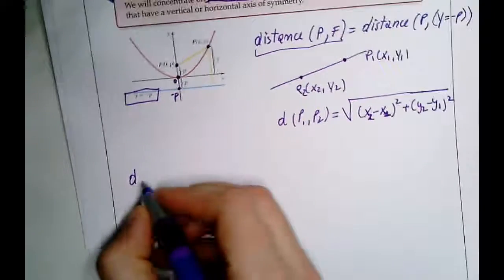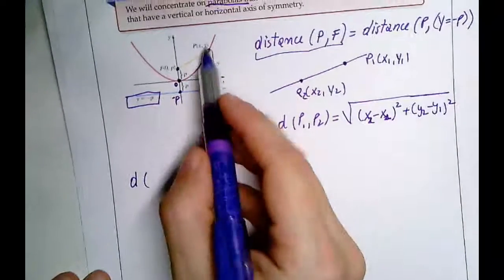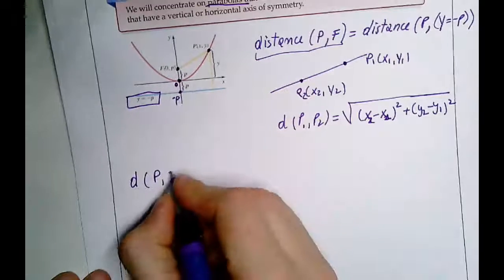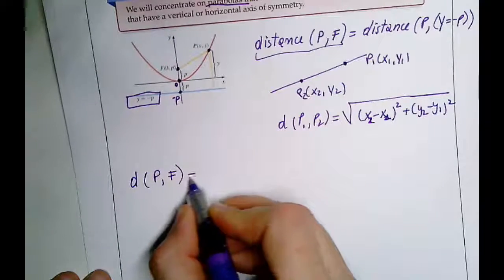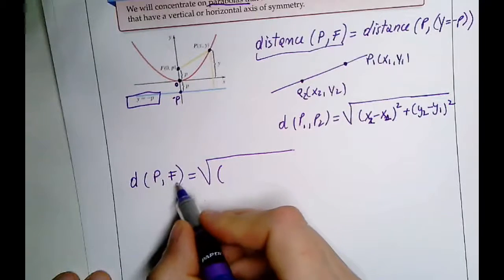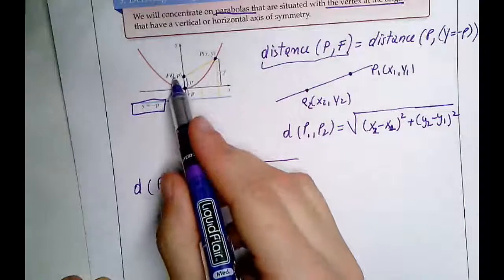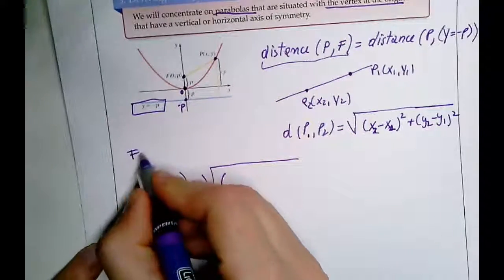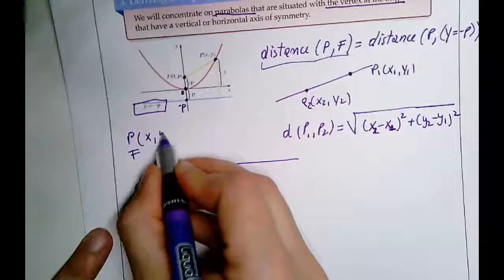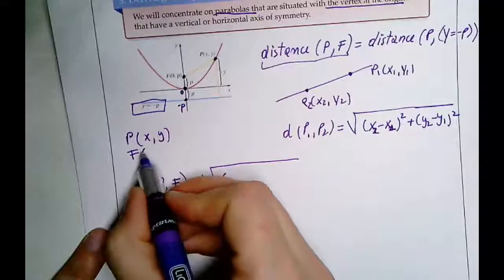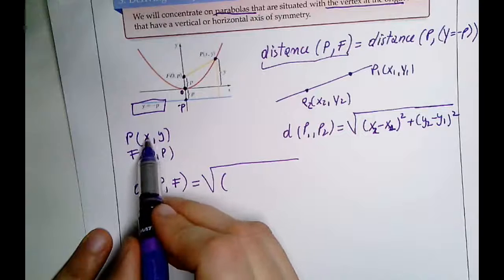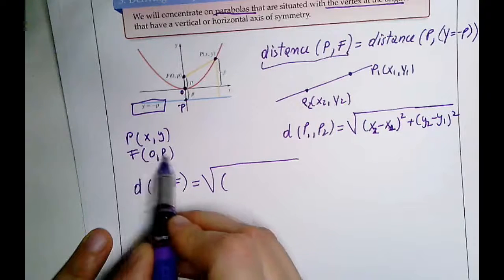The distance between any point P on the parabola and the focus F is going to be the square root of, what is the x-coordinate of F? P has coordinates (x, y), and the focus has coordinates (0, p). So this plays the role of my (x1, y1) and (x2, y2).